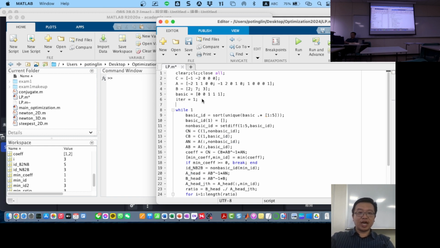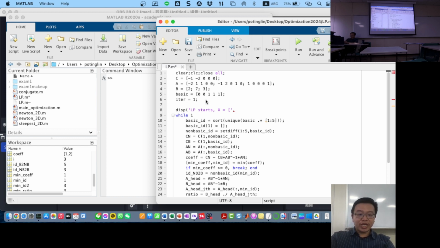At the beginning, I will say linear programming starts, and your design variable is... basically you need to compute the current variable.